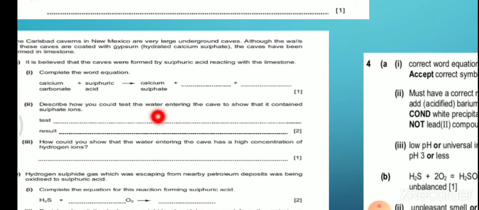Next one. Describe how you would test the water entering the cave to show that it contained sulfate ions. This is a test for sulfate ions.